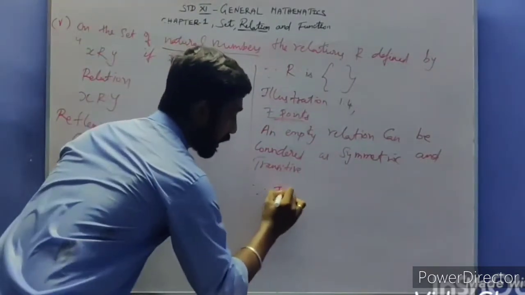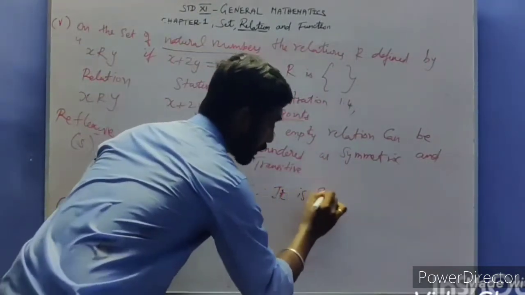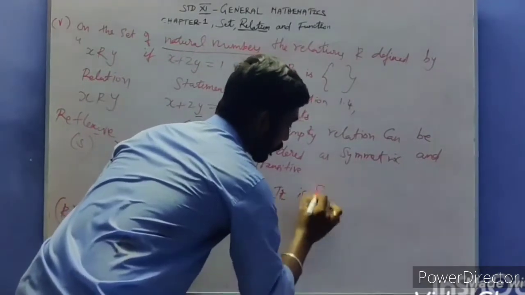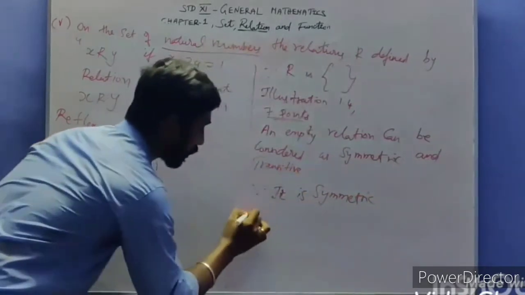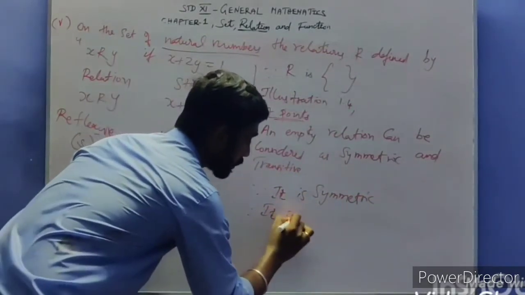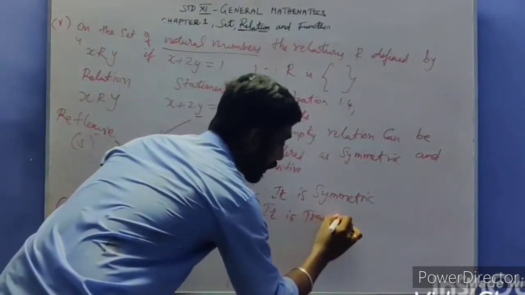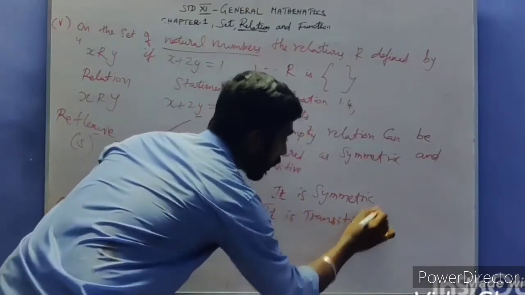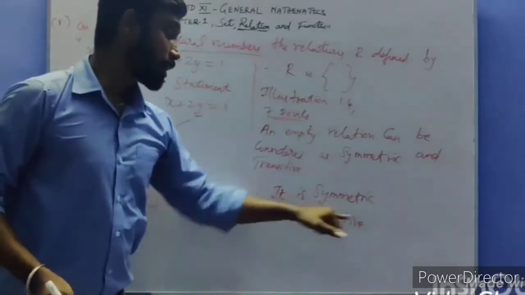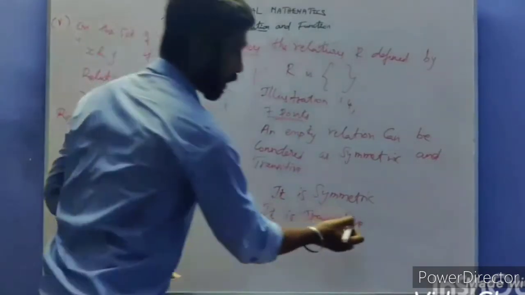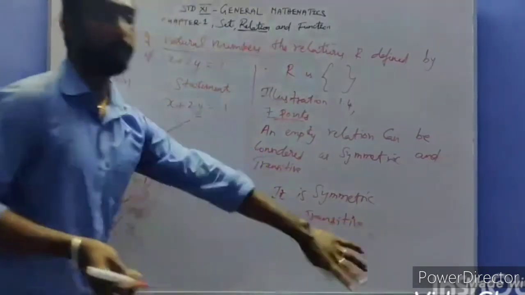Now we have to write that it is symmetric. It is transitive, because we are getting the empty set only. So the statement: it is symmetric, it is transitive. Okay. Now you understand easily, children.